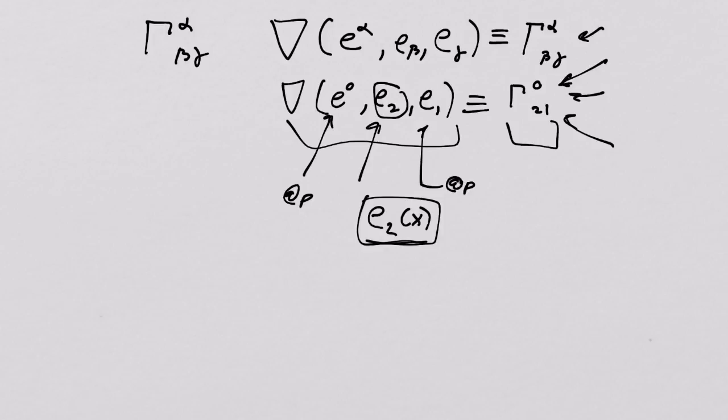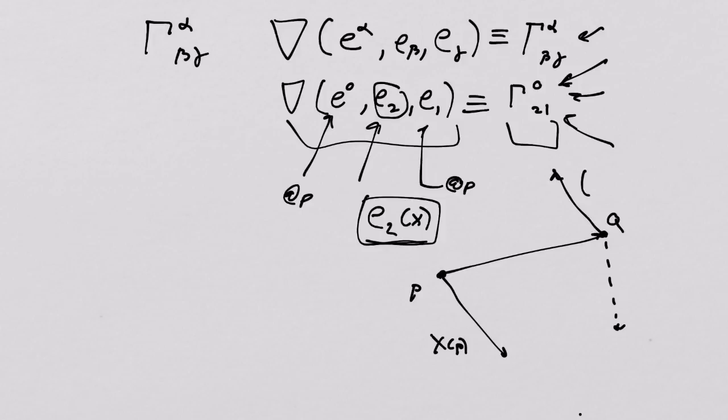And I keep saying that point P, but remember from our old definition, we had P, and then we had a point Q, right? And we talked about the parallel version of the vector field at P. We have the vector field, which may be totally different, at Q. And then we have this thing here, which we call the parallel vector.